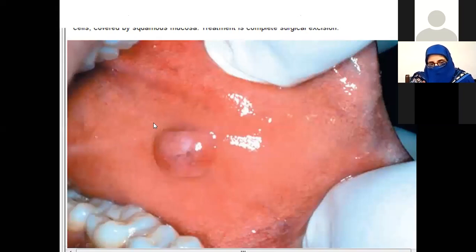If you look at this without history, a patient would have been concerned about the lesion, because you can see that this is the normal mucosa of the oral cavity, which is lined by squamous epithelium, and this is a raised area. You can call it a nodule.